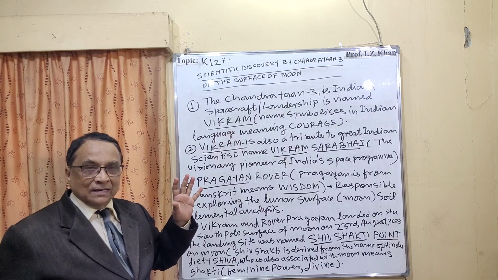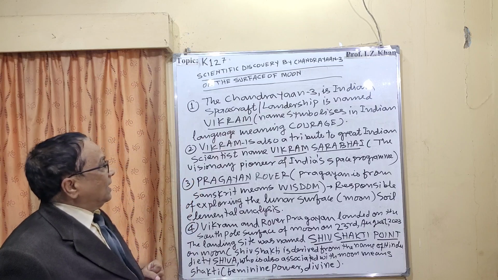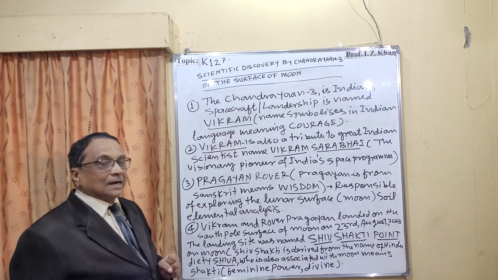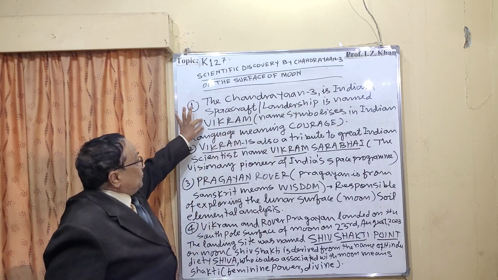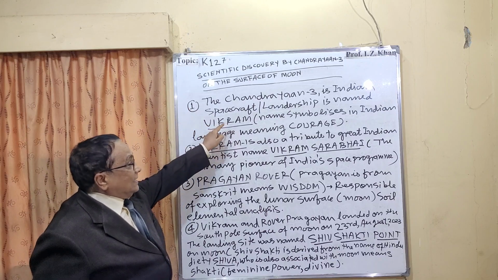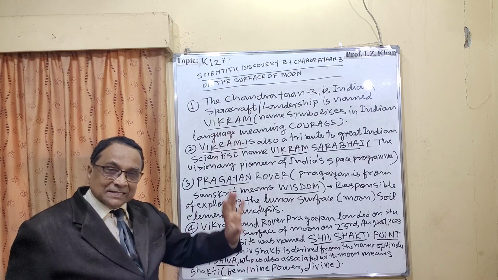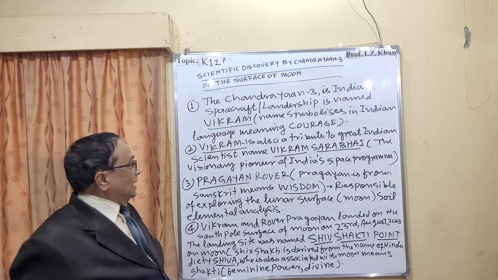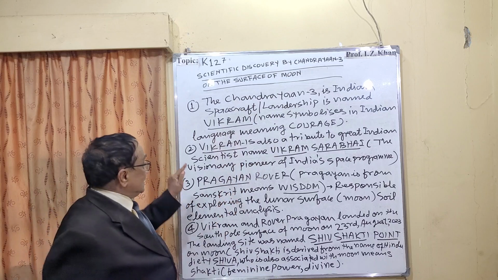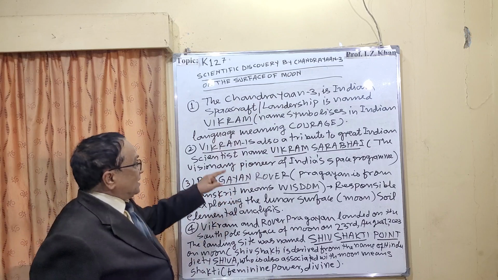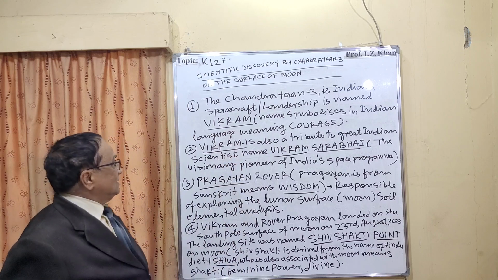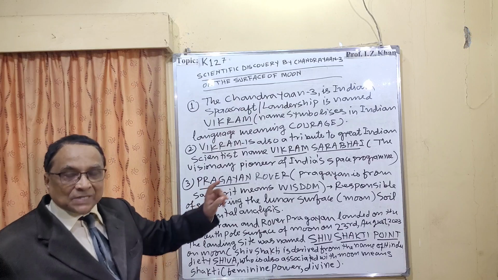They gave the name Vikram, and the name symbolizes, in Indian language, courage. So the Vikram which landed on the lunar surface is Vikram, and Vikram means courage in English translation. Second point is that Vikram is also a tribute to the great Indian scientist named Vikram Sarabhai.